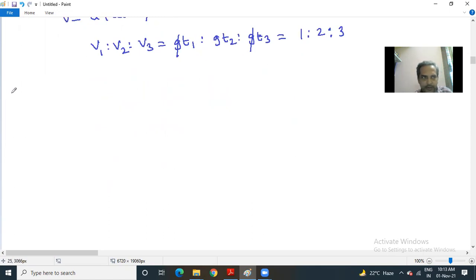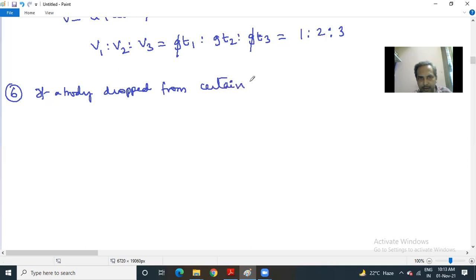Now let us move to another application. This is application number 6. If a body is dropped from a certain height, it reaches the ground after t seconds.